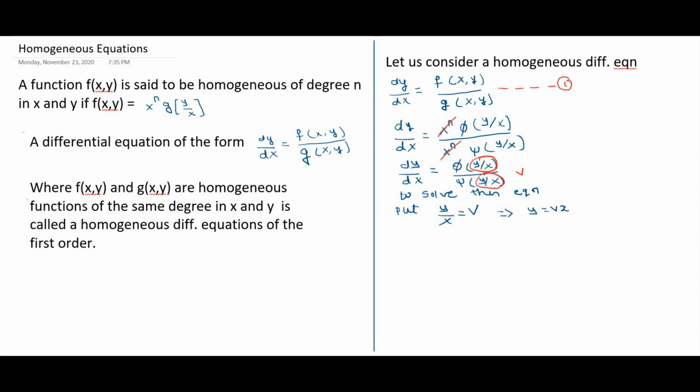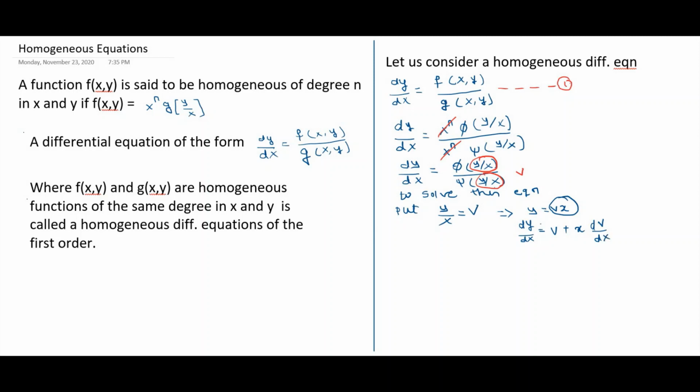Now if we differentiate with respect to x, dy by dx is equal to, using the product formula, first term v as it is, differentiation of x with respect to x is 1, plus second term x as it is and differentiation of v with respect to x is dv divided by dx.